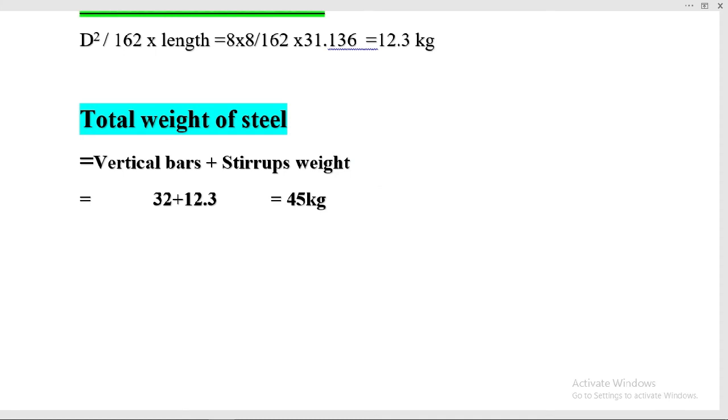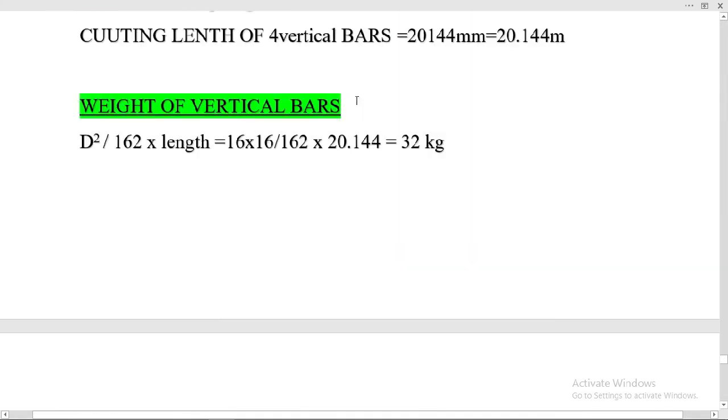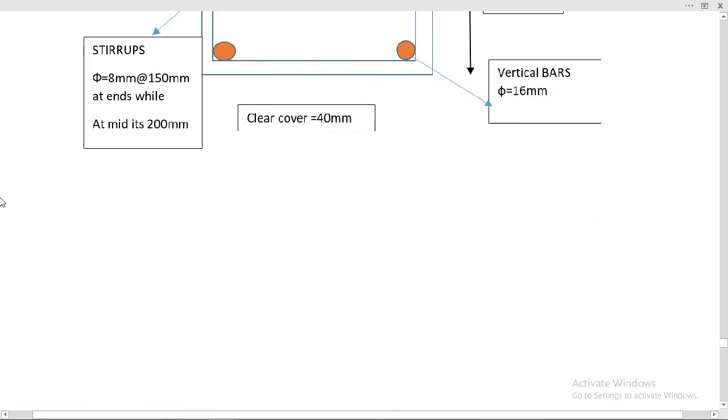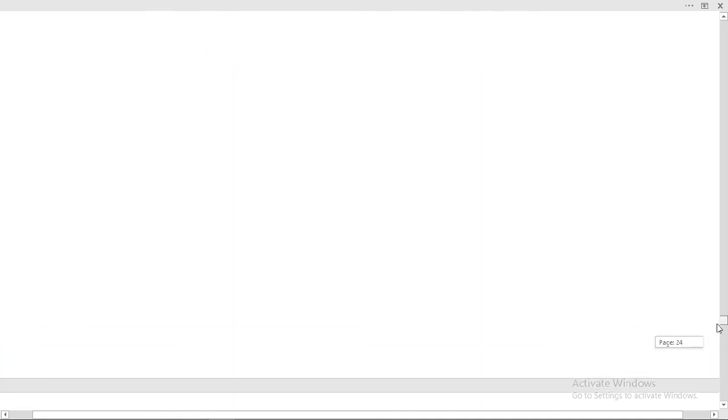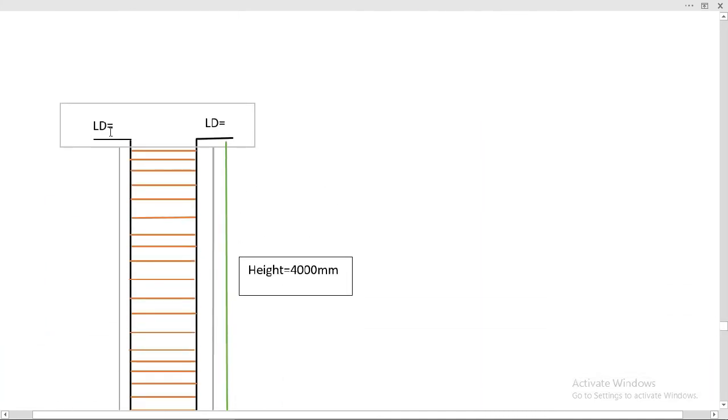Thanks for watching this lecture. Here I want to show you the technical point about this lecture. The technical point was the Ld length, the development length, which is induced into the slab.